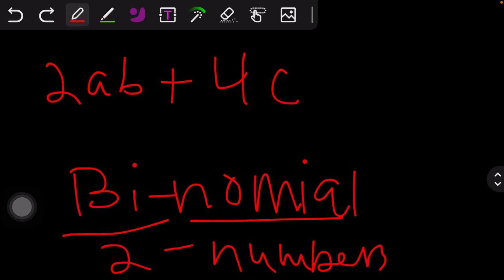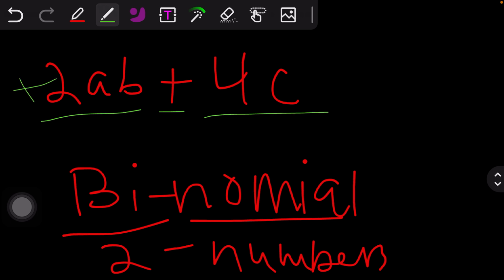We will talk about that in another video, but what you need to know is that the two numbers are separated when you're talking about binomials. Each number is separated with a positive or a negative sign. So for example, this is the first number and this is the second number.